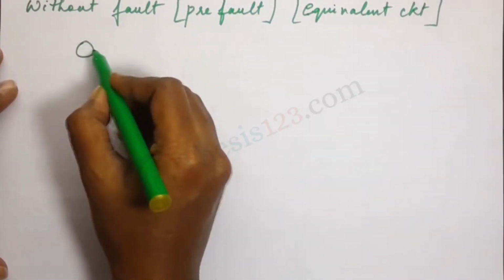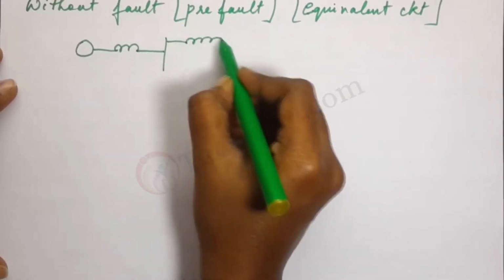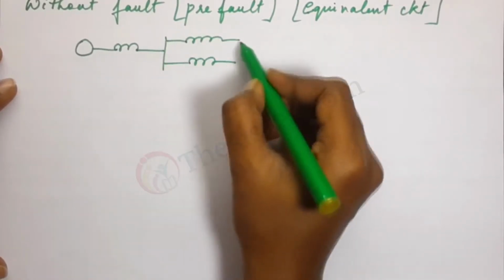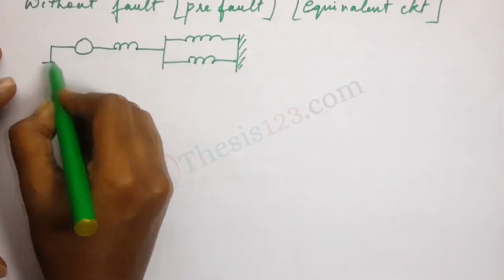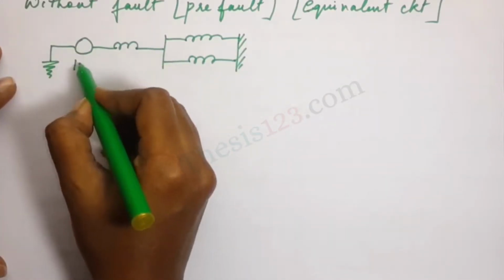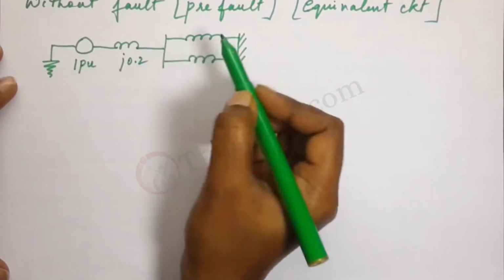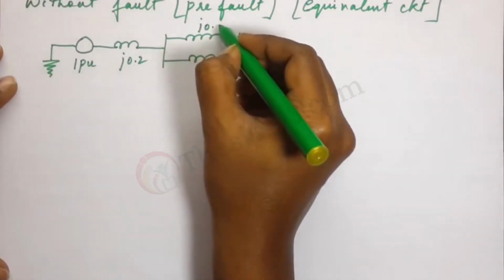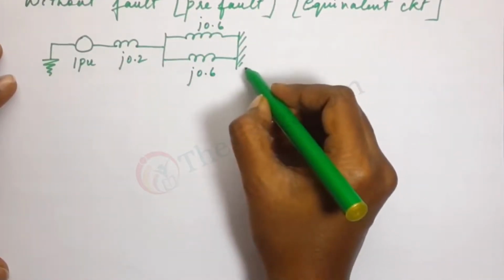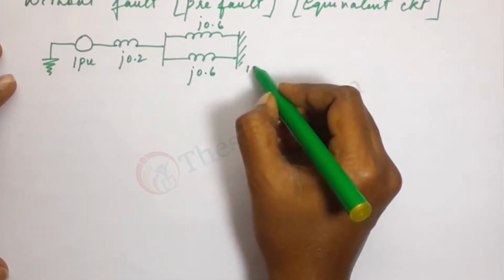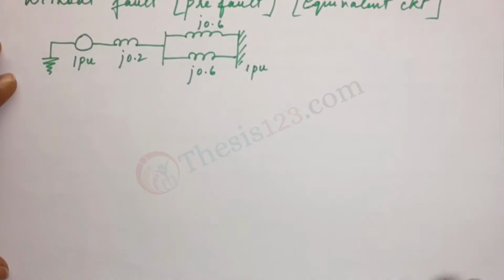So we have this for the first line, this for the second line. Here we have our infinite bus, grounded. We have been given 1 pu here, 0.2 here. We calculated 0.6 for the first line, 0.6 for the second line, and the infinite bus is at 1 pu. This is our equivalent circuit.